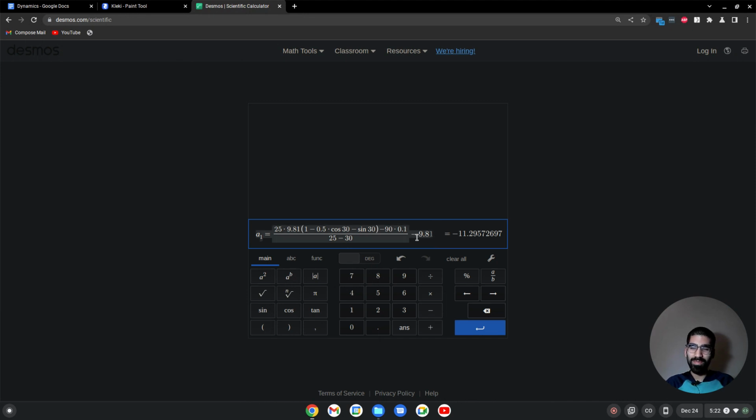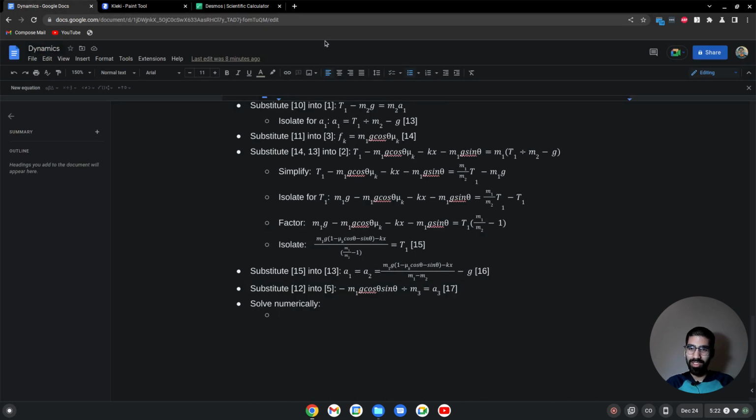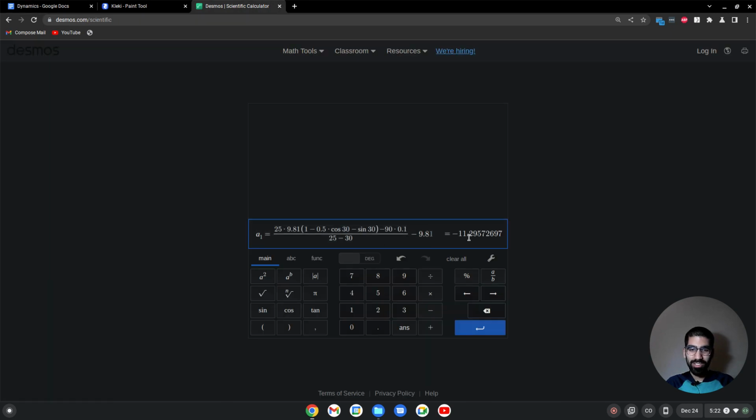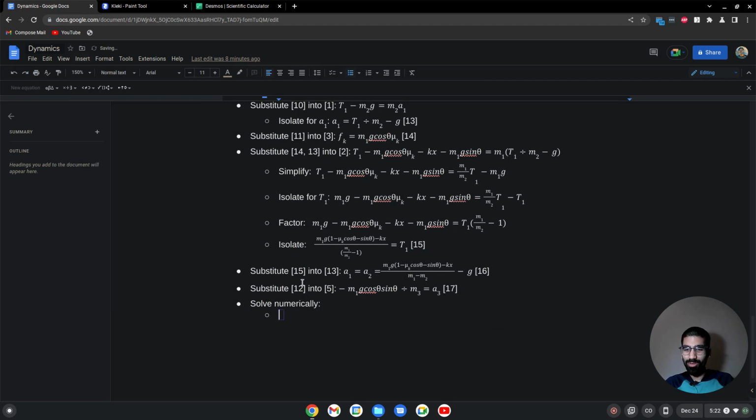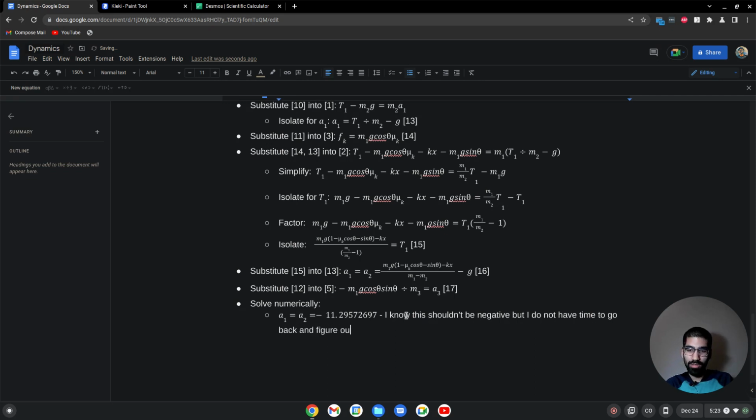Let's say you were like me, writing a final exam in university, and you get through all of this work, and then your answer doesn't make sense. It shouldn't be negative. If you know this, just state, I know this shouldn't be negative, but I do not have time to go back and figure out where my mistake is.